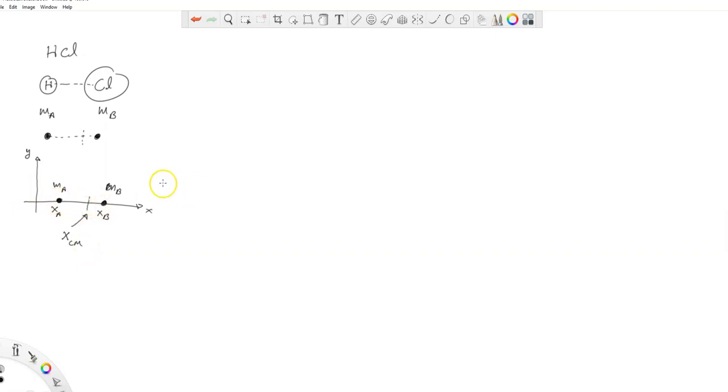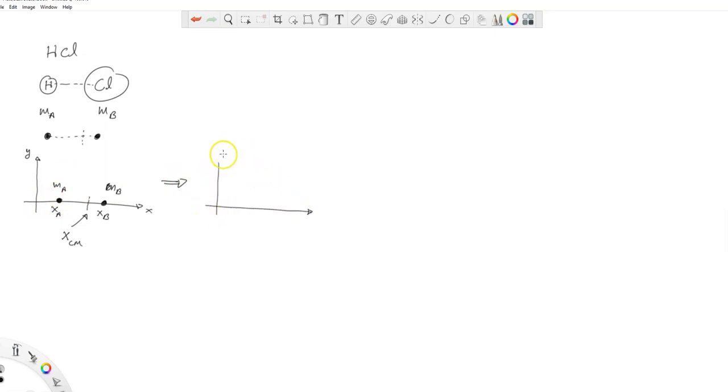Now what I showed you was a very general picture. I just placed it on the x-axis. I didn't have a specific location to place it. You can always move one of the masses to the origin, so it's going to look like this, right?